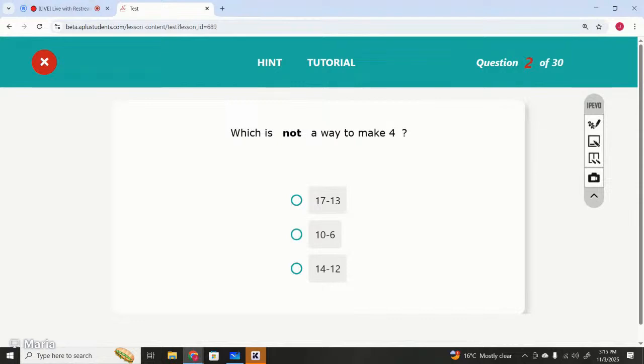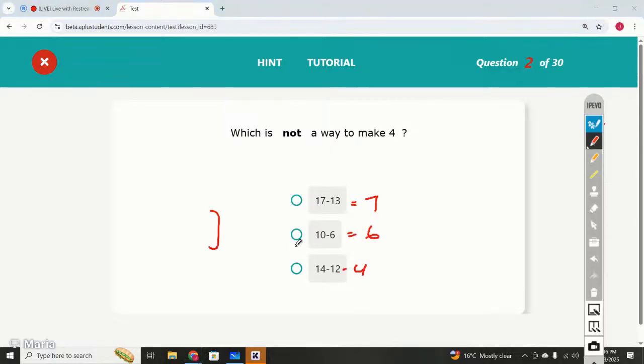Which is not a way to make 4? 17 take away 13 is 4. 10 take away 6 is 4.